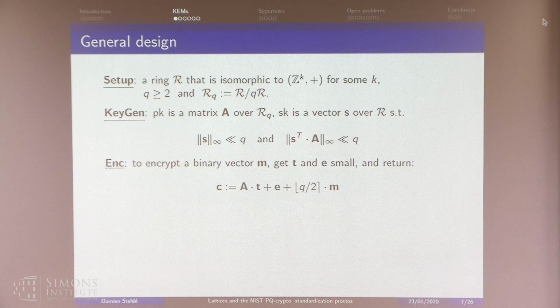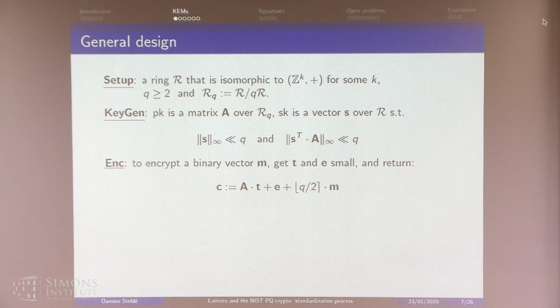The secret key is a vector S over R. And here this is not capturing, so Leo just pointed out to me that this is not capturing one scheme. It's not capturing Frodo, because S would be a matrix over R. And this A and S, they're such that S is small compared to Q, and S times A is also small compared to Q. Okay, so we'll see in the next slide that there are several ways to achieve this.